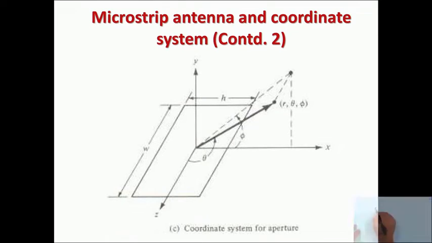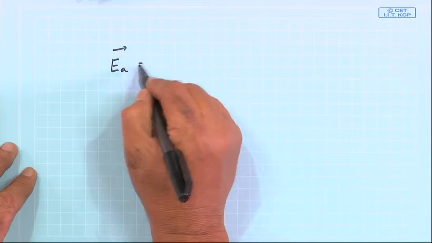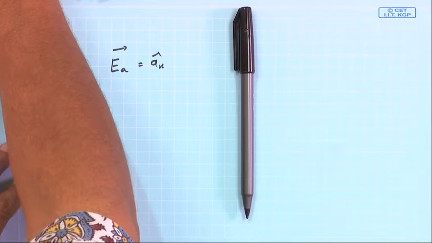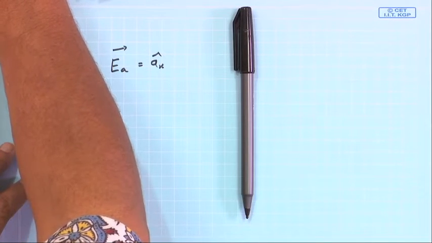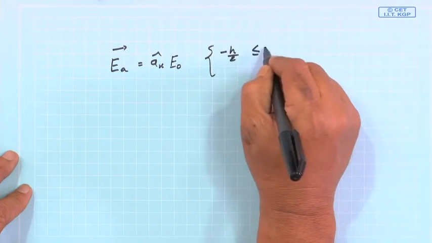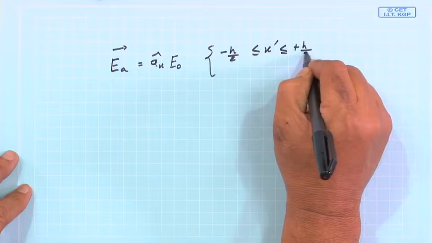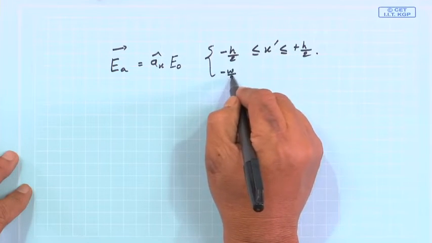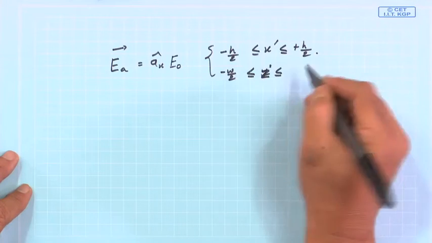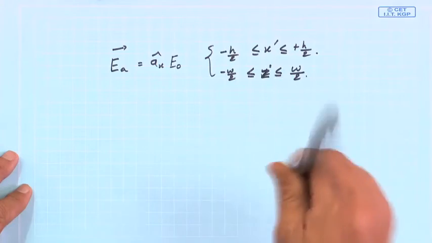We will write that EA is x directed, just like our aperture slot antenna, E naught, for minus h by 2 less than x dash less than plus h by 2 and minus w by 2 less than z dash less than plus w by 2.